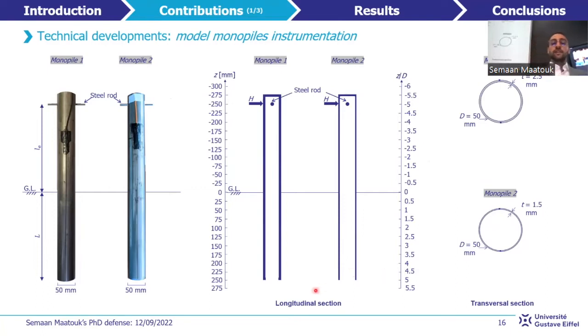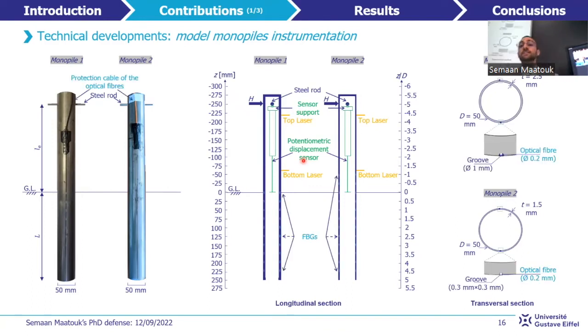And here are the longitudinal and transverse sections of each model. They are instrumented similarly, with first potentiometric displacement sensors fixed inside the monopile to measure the internal height of the soil column during installation, in order to verify that no soil plugging occurred. Secondly, with 2 horizontal laser displacement transducers fixed in front of the monopile in order to measure the horizontal displacement at 2 different elevations during the loading.